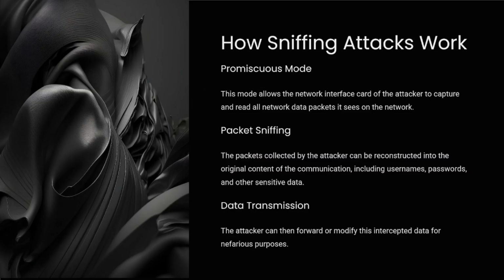Now, how does a sniffing attack work? First we have promiscuous mode, where the network interface card is used to capture the data packets. It will read all the data packets.